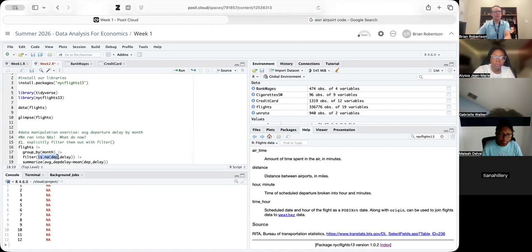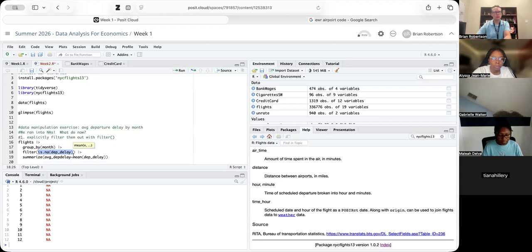If this passes a true, that means it's going to return all the rows that have an NA in departure delay. Is that what we want? Or do I want the opposite of that? Do I only want NA values, or do I want values that are not NA? Values that are not NA, that's right.